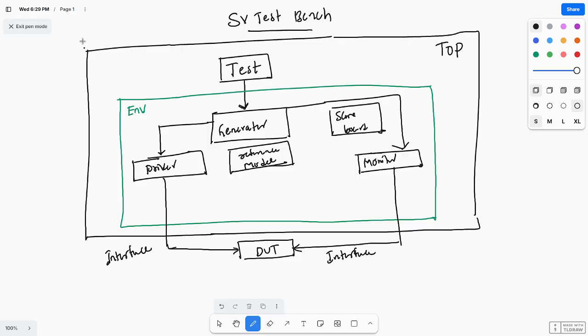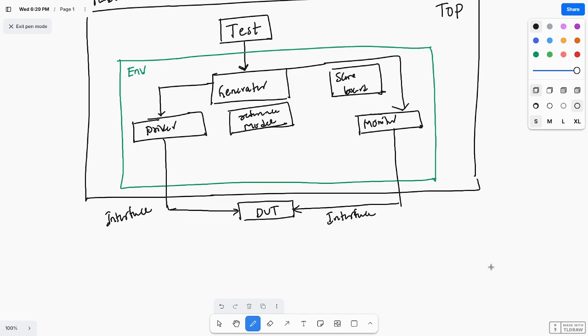That means this is nothing but the transaction class. So you have a concept called components and objects. We'll see all these things. So this is the basic structure of the testbench of SV.